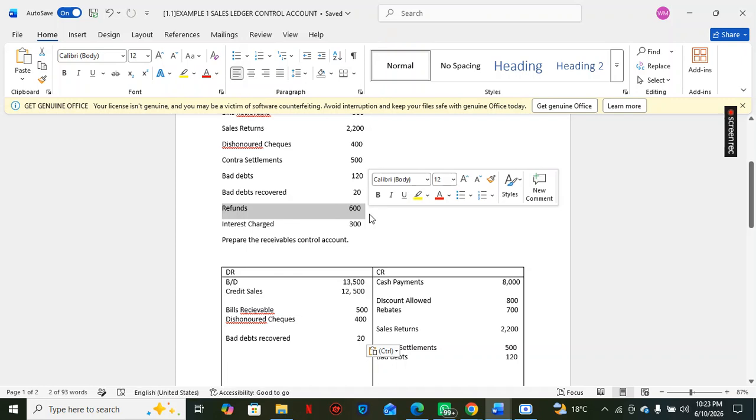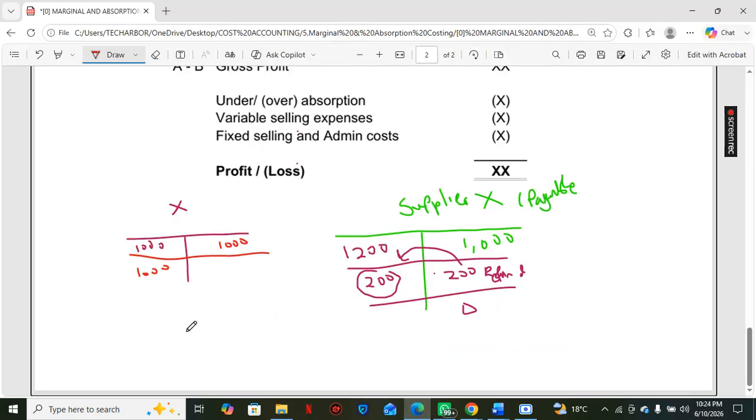Refunds to customers. Okay. This is where a customer overpays you. So since the customer has overpaid you, it means you are now owing the customer. Let me use the T account.